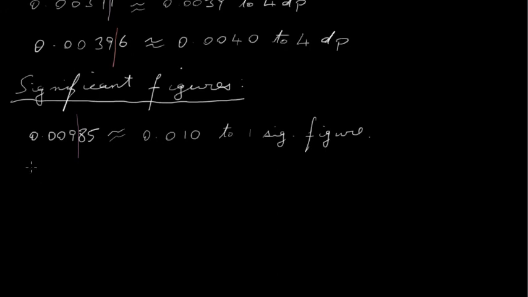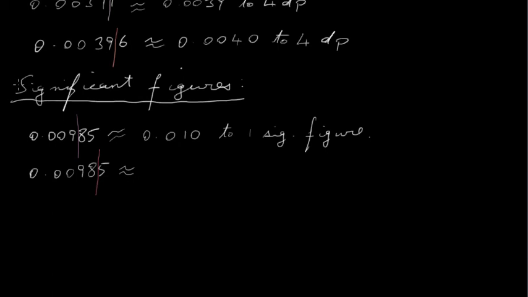Now, if on the other hand we were asked to take the number 0.00985 and write this to two significant figures, I'm going to do the same thing again. We go along here. This is 0, which is non-significant, non-significant, non-significant. This is our first significant figure, which is a 9. This is the second one here. So this is where I'm going to stop.